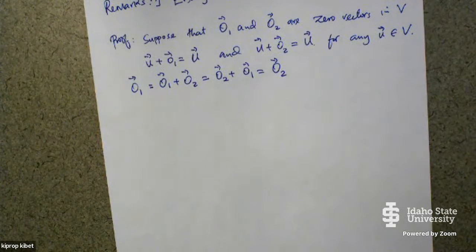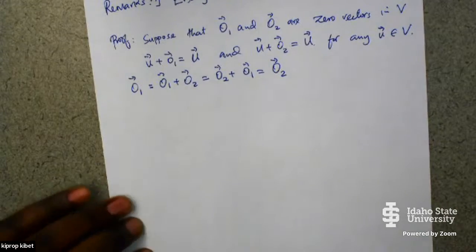So it shows that the zero vector is unique.